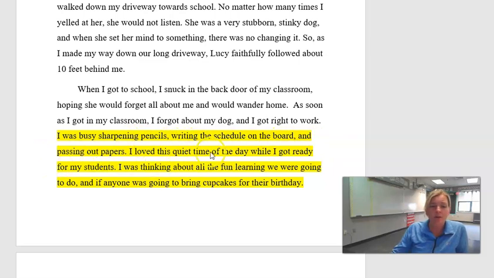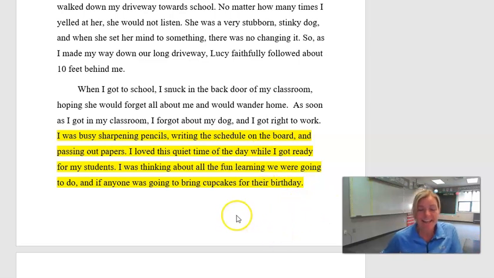I loved this quiet time of the day while I got ready for my students. I was thinking about all the fun learning we were going to do, and if anyone was going to bring cupcakes for their birthday. I don't really know if I was thinking that on that day, but I just added that. When you're writing, even when it's a true story, you can stretch the truth a little bit and add some thinking that maybe you thought. I don't know if I really thought that. Probably.